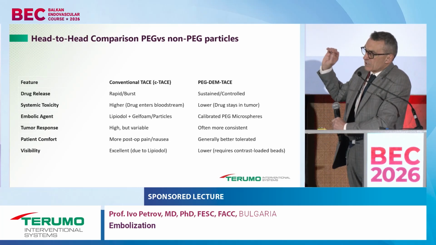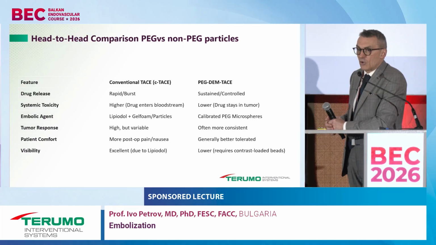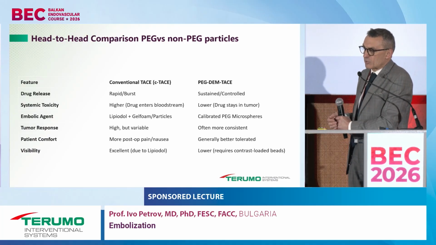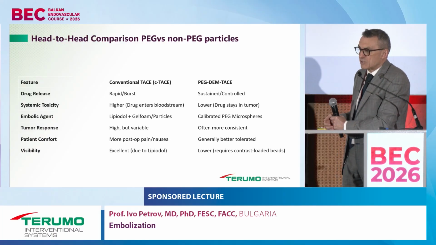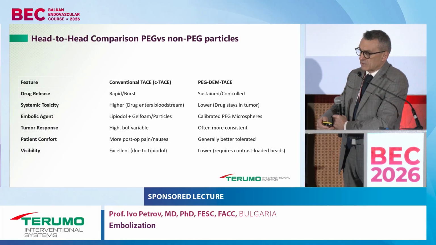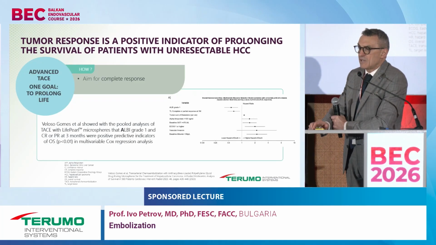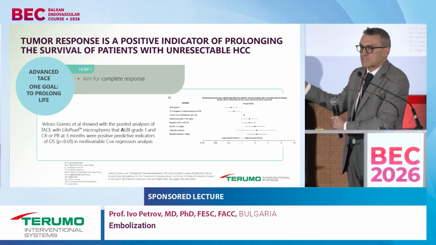There are also relatively old practices, like loading the drug that we want to selectively deliver to the tumor in lipiodol, for example. This is the old version. In fact, the TERUMO LivePearls are the gold standard to have better tumor response. So this is very crucial.